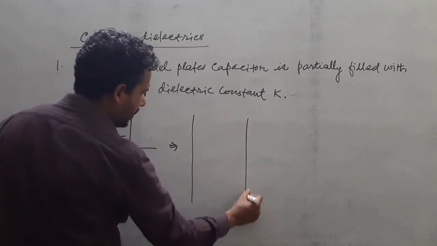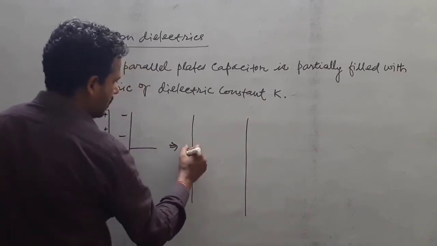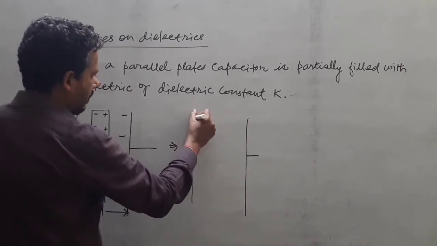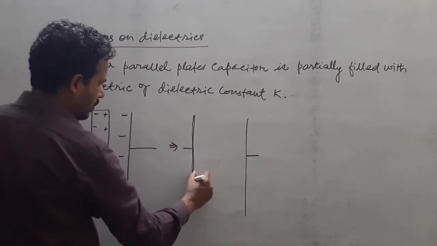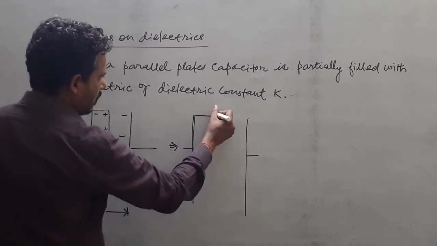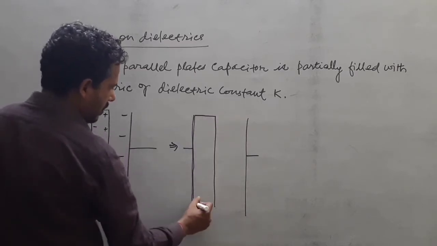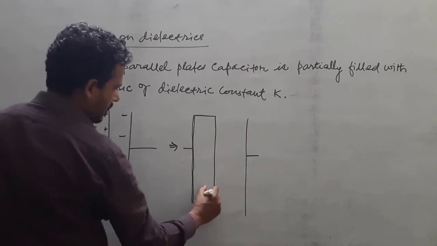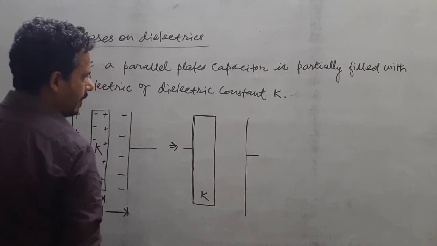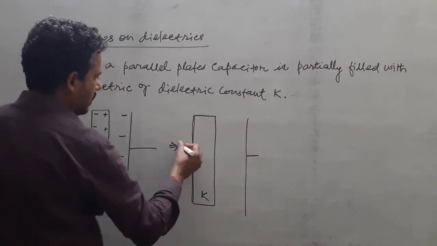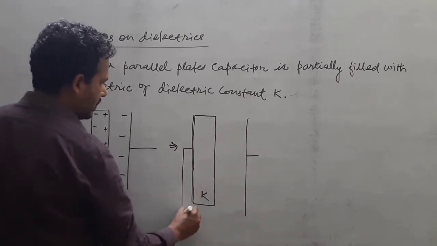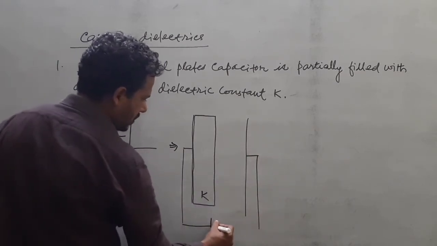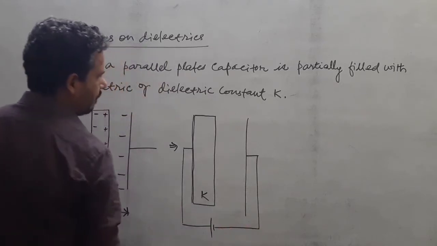This one is a parallel plate capacitor, with the terminals of the capacitor, and then I draw a dielectric of dielectric constant K. The process is the same: this terminal is connected with this potential difference using an EMF.